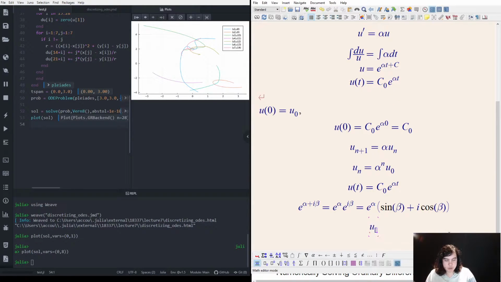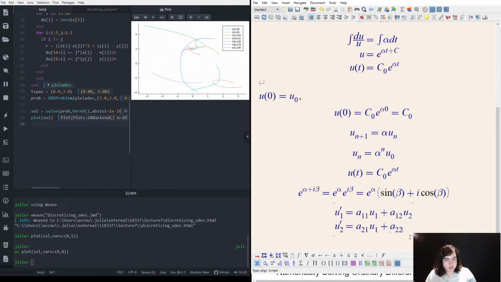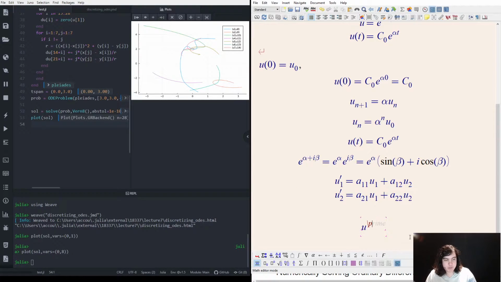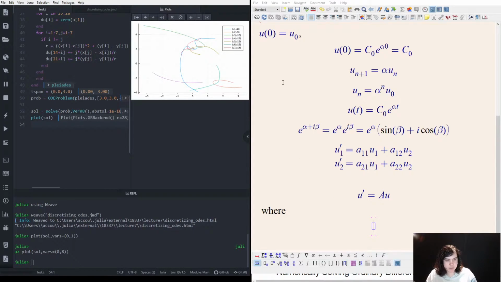So we do u1 prime equals a11 u1 plus a12 u2, and u2 prime equals a21 u1 plus a22 u2, which is u prime equals Au, where A is this matrix with rows a11, a12 and a21, a22, right?